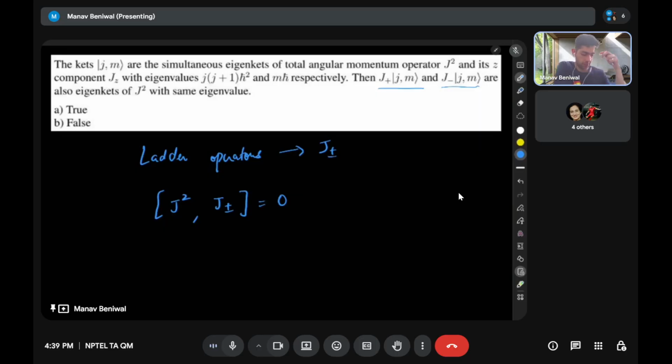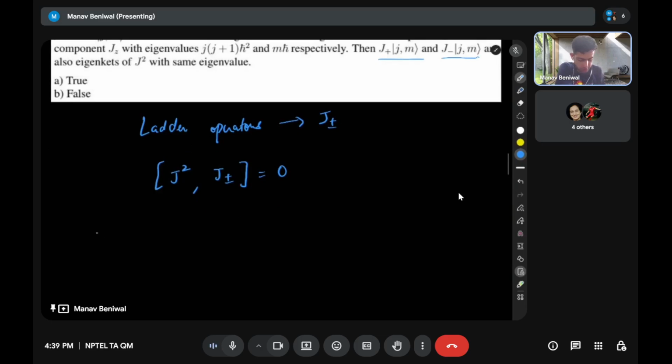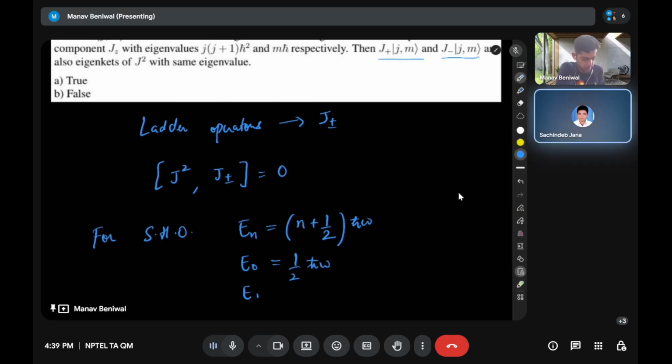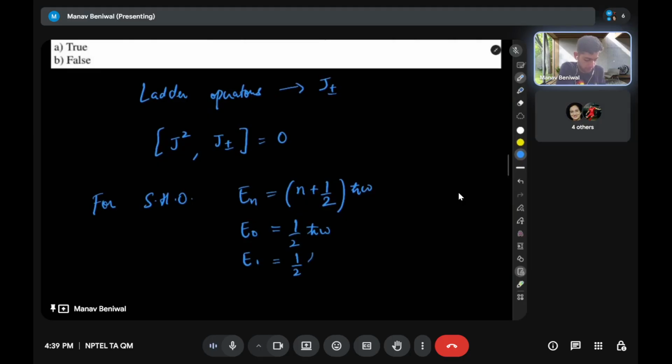Yes? Okay, good. So for a simple harmonic oscillator, let me write, the energies are written as (n plus half) h cut omega, correct? So the ground state energy is this one. The first excited state energy will be this energy plus h cut omega.